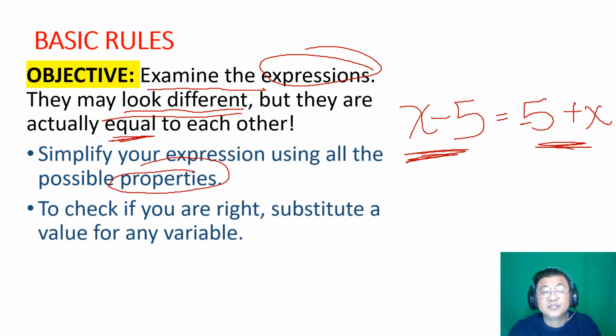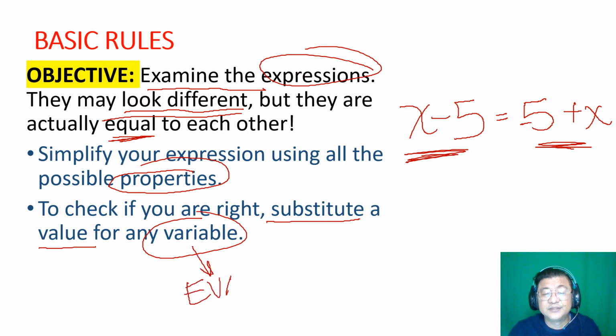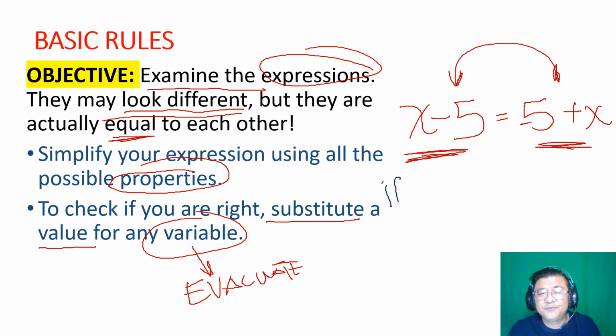And what else? How do I check if they're really equal? You will substitute a value for any variable. All right? So that means you will evaluate. Are you sure that the reverse of this is the same as that? Oh yes, let's try to substitute. For example, if x is equal to, let's say, 10.